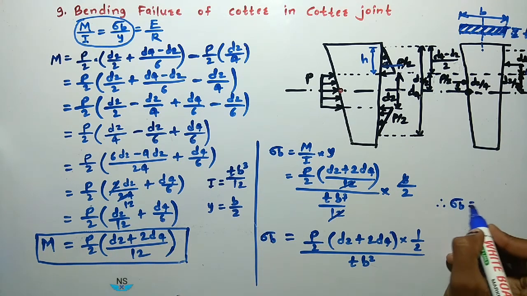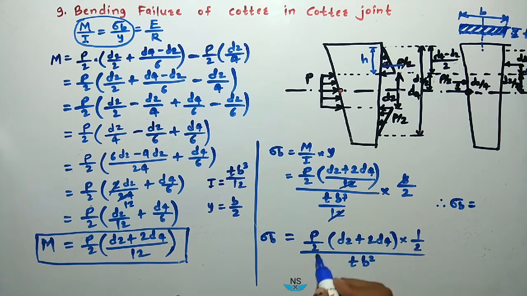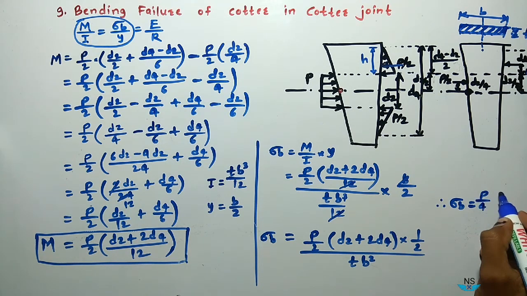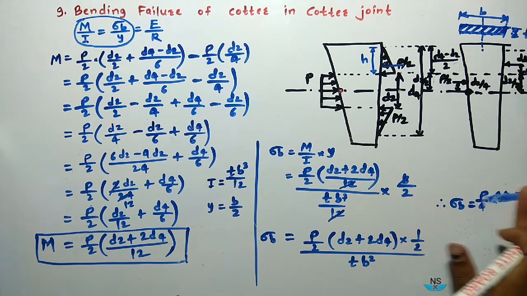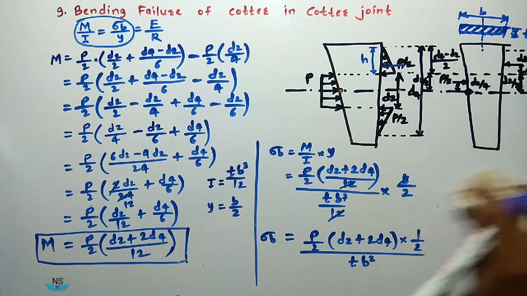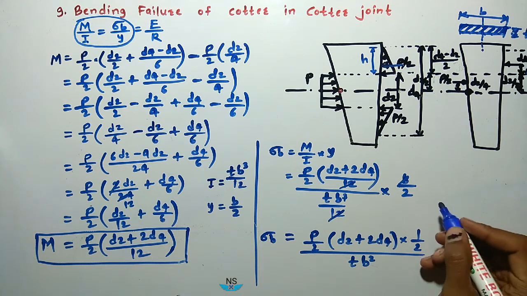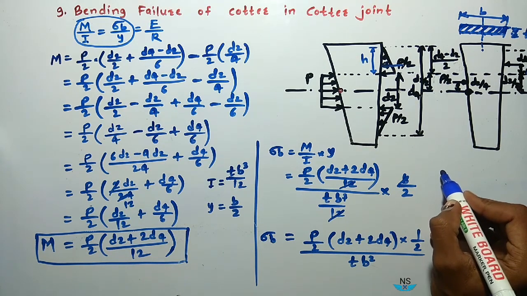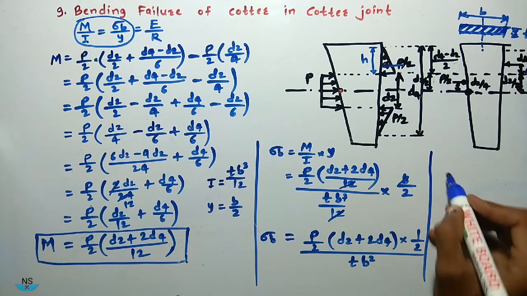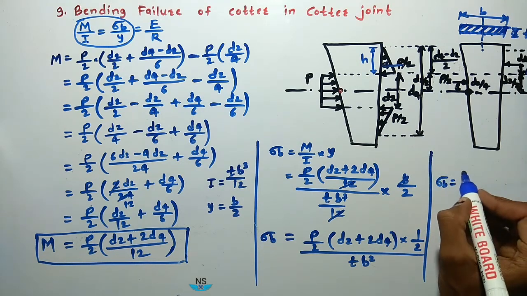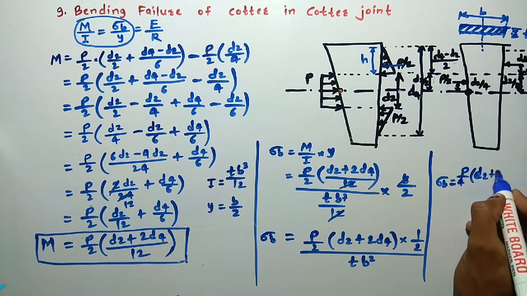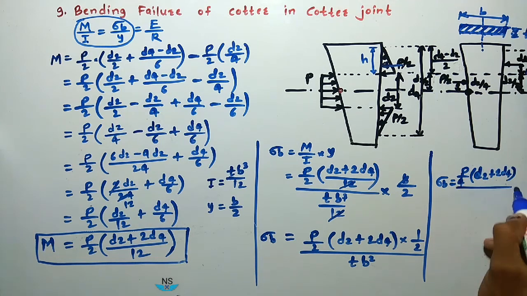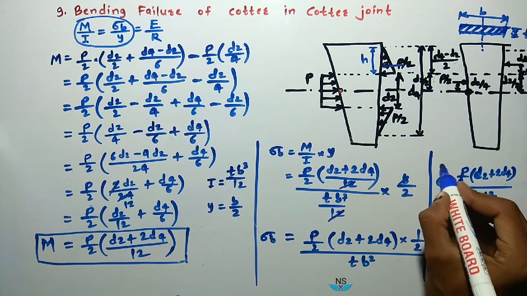So therefore sigma b is equal to P by 2 into 1 by 2, P by 4, into bracket (D2 plus 2 D4) divided by T B square. So sigma b is equal to P by 4 into (D2 plus 2 D4) divided by T B square.